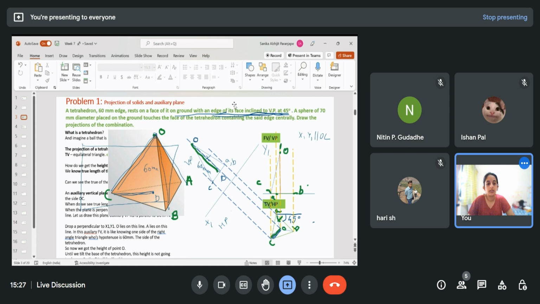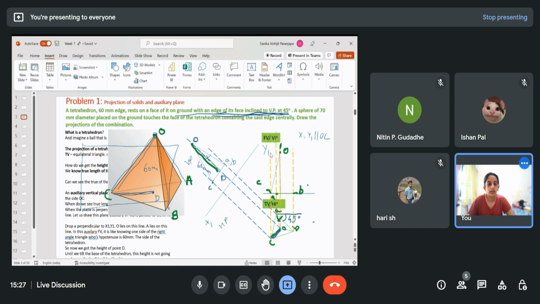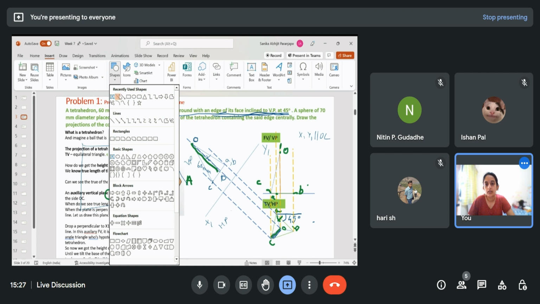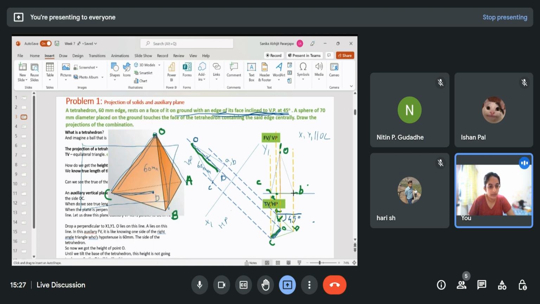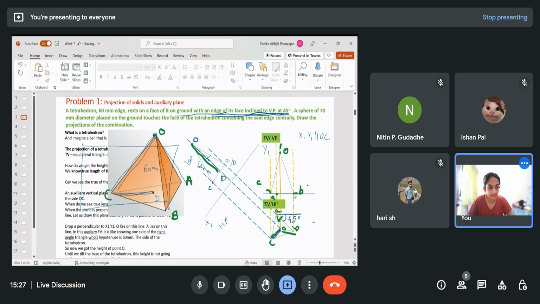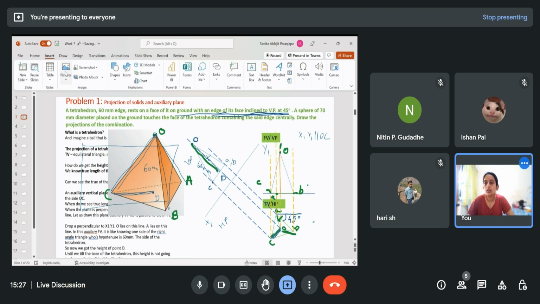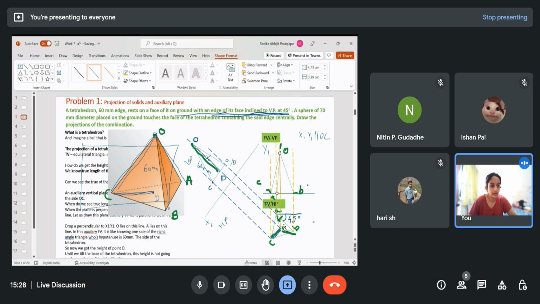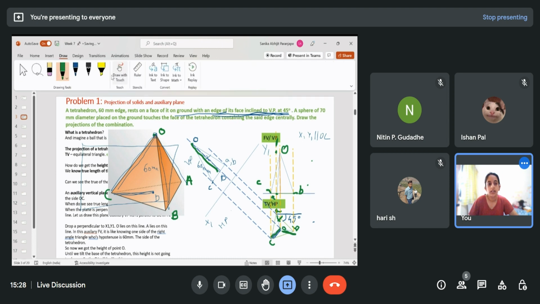When I join O and this point B, I'll have projection of this one. And when I join point O and this point, this line is the projection of point A here.